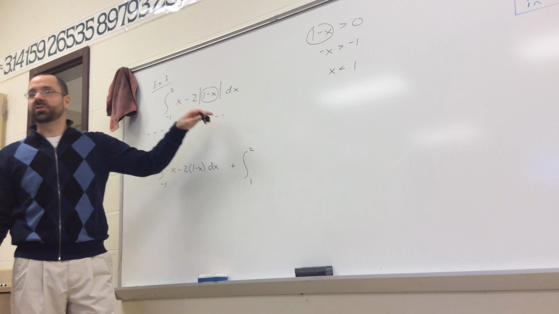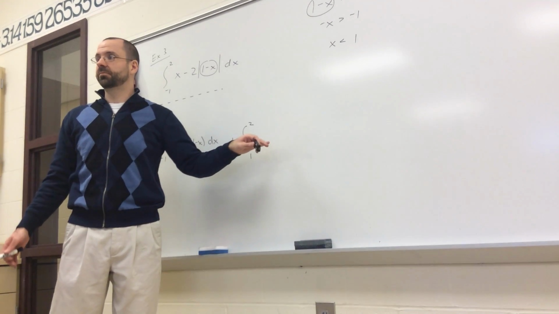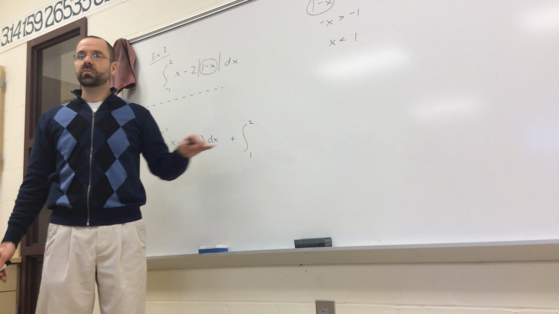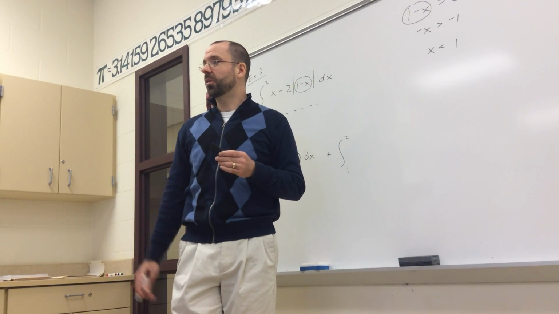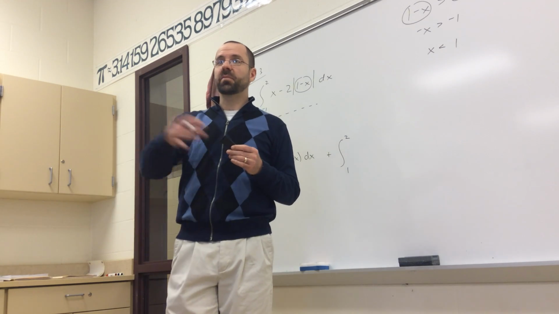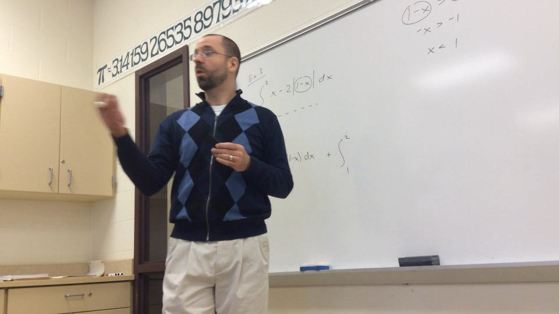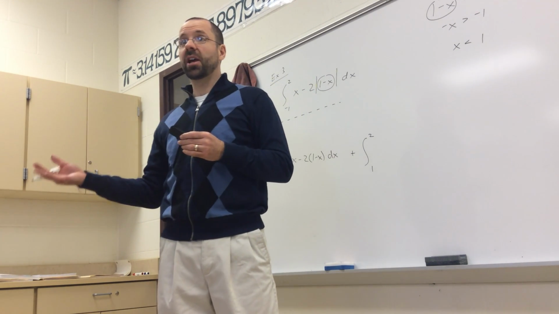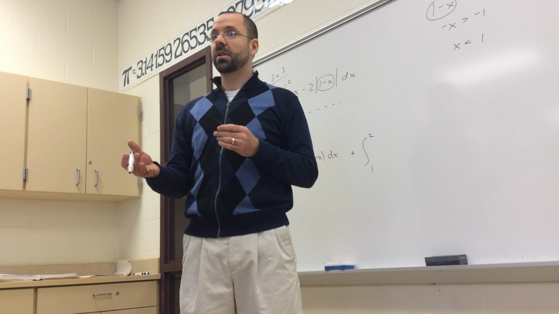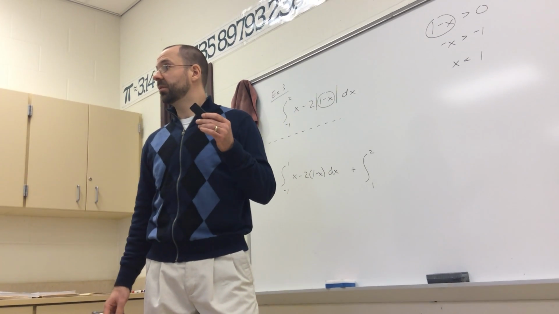So I can't get away with just getting rid of the absolute value signs. Okay, so what does absolute value do to a negative number? It just makes it positive, right? So what we need is a process that takes a negative number and makes it positive that's not absolute value.